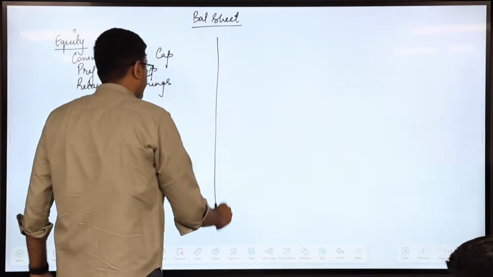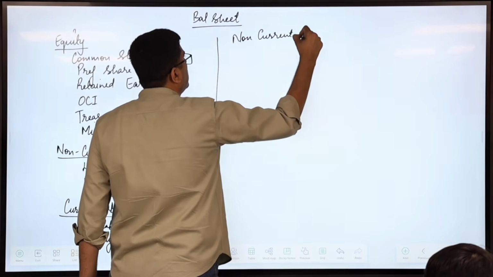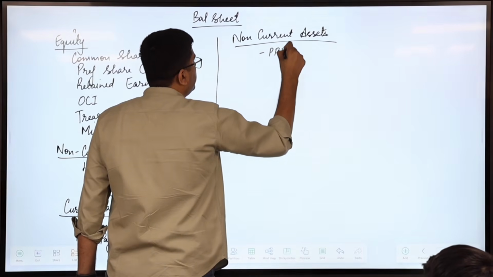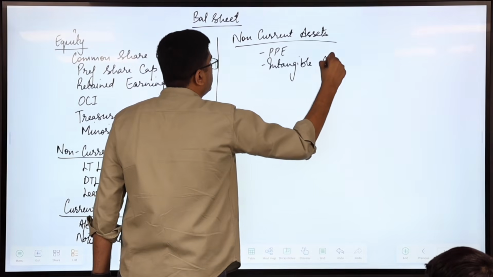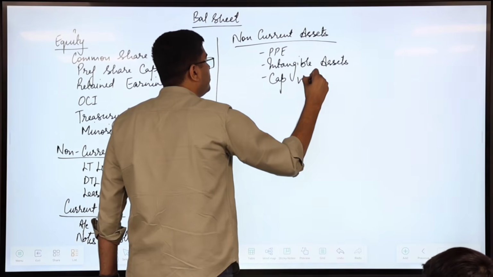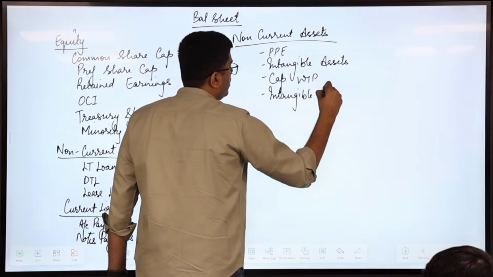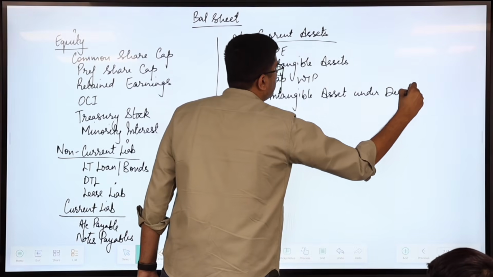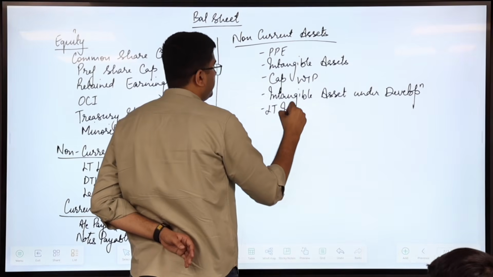And then on the other hand, we have assets. So non-current assets. Property, plant and equipment. Intangible assets. Then capital work in progress. Intangible asset under development. Long-term investments.